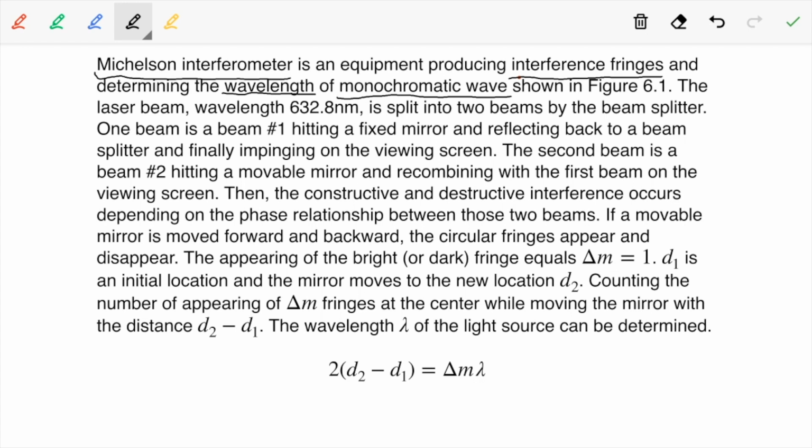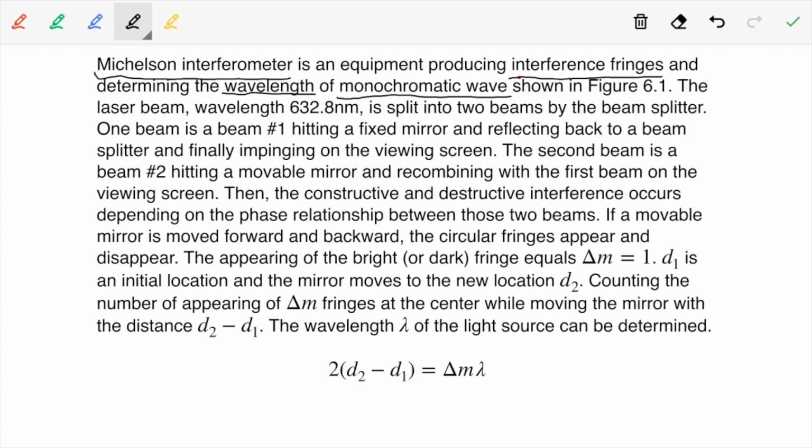In the Michelson interferometer, there are several things inside. First of all, we should have a laser. The laser is the same as the one we used in lab 5, the helium neon laser.